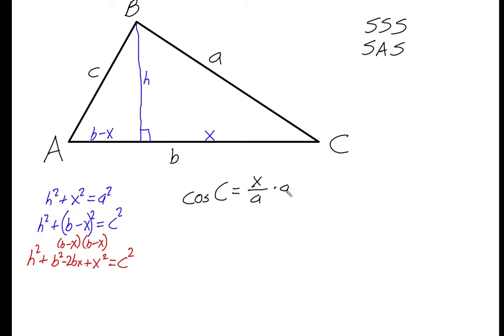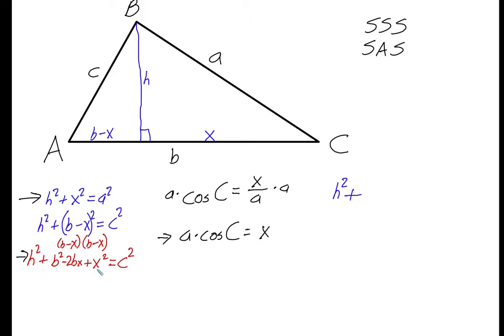We'll multiply both sides of this by a, and little a times the cosine of angle C is equal to x. All right, so we've got three equations here that we are going to combine. The first thing we're going to do is take the two Pythagorean theorem equations, and I'm going to rewrite this bottom one, but I'm just going to rearrange the terms. So I've got an h squared.